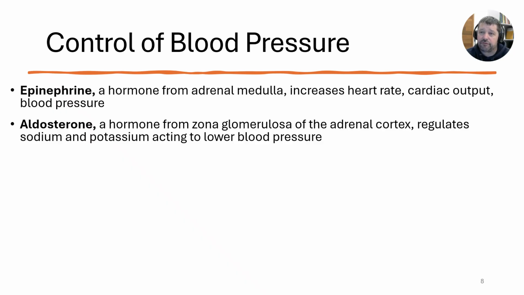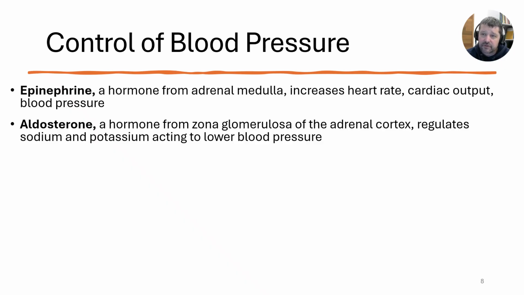If you see a snake or something like that, you could get an injection of epinephrine, which is going to increase your heart rate. If you increase your heart rate, even if your stroke volume stays the same, cardiac output could be increased, and in turn that is going to increase the blood pressure.